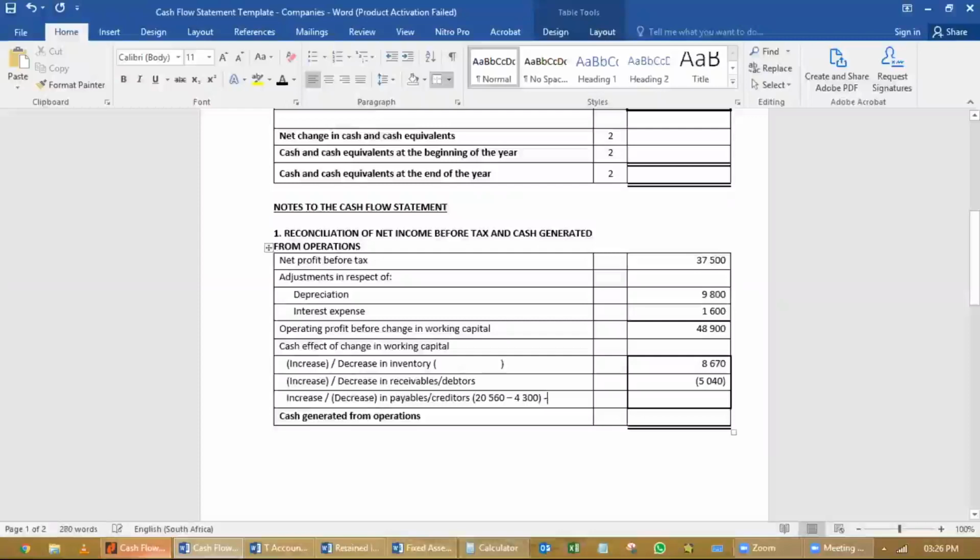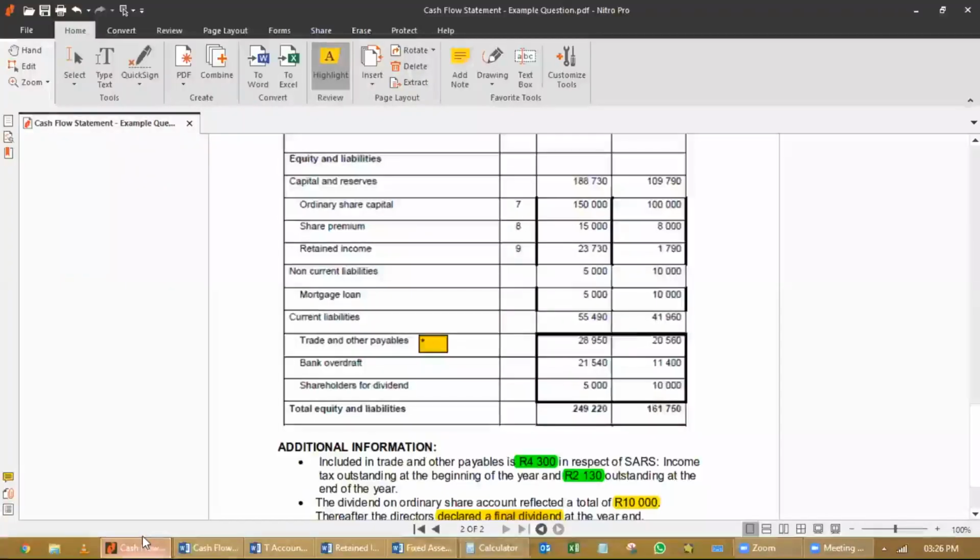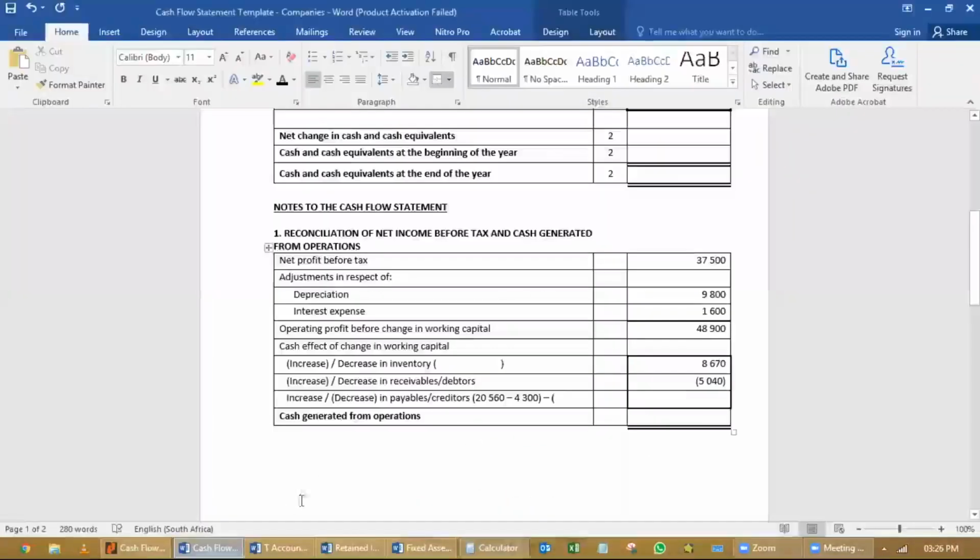And then I'm going to minus this year's figures, which is 28,950 minus the 2,130, because part of that amount is included in that amount and we need to take it out, right? So 28,950 minus 2,130.